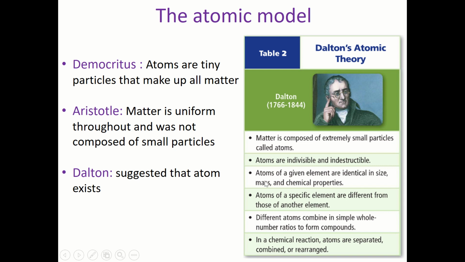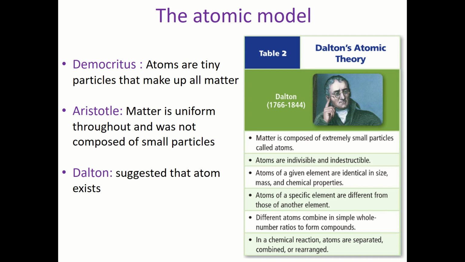Number three, he said that atoms of a given element are identical in size, mass, and chemical properties. Now let's see if this is right or not. Atoms of a given element like aluminum or carbon are identical in size, mass, and chemical properties. It is wrong. Remember that we learned about isotopes in high school.